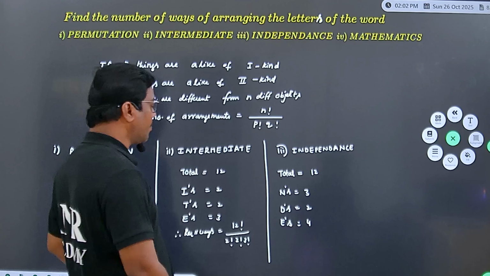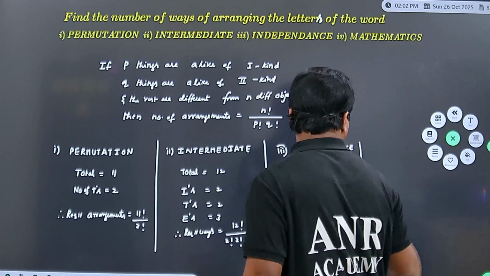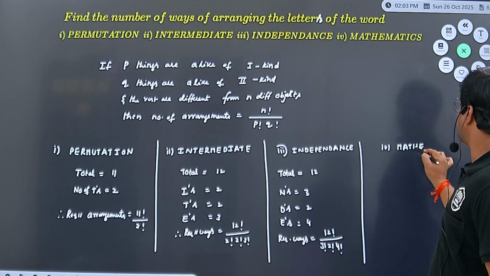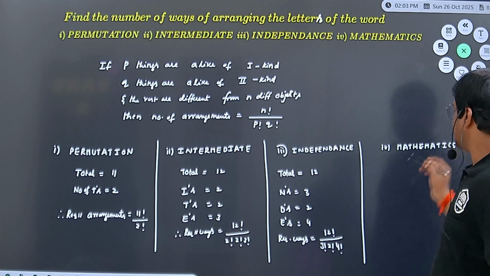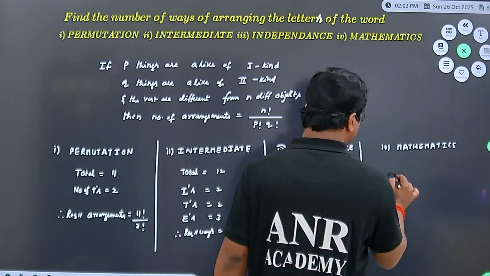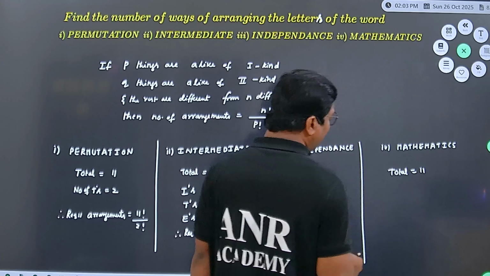Next, last one, MATHEMATICS. There are 11 letters in total. How many of them are repeated?